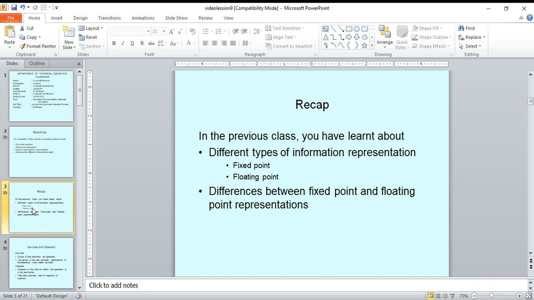Generally, we use one bit as the sign bit. For positive numbers, we use only zero, and afterwards we use the binary bits of that number. That is the positive number representation in binary fixed point representation.